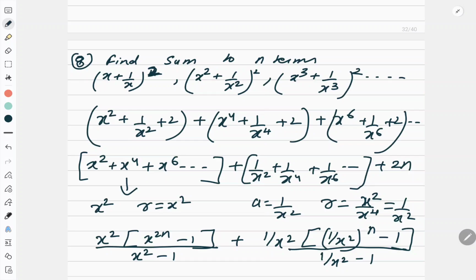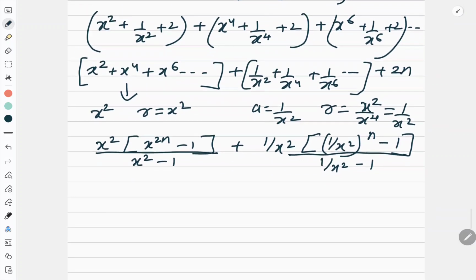Right? Now a little bit simplify. In the first bracket, if you observe, what you have? You have x square, x to the power 2n minus 1. It looks very simple. X square minus 1. Now this one I need to simplify because it has 1 upon x square in it. So this becomes 1 by x square.